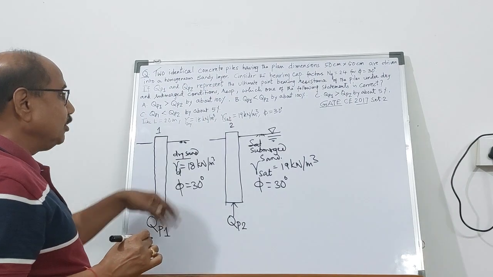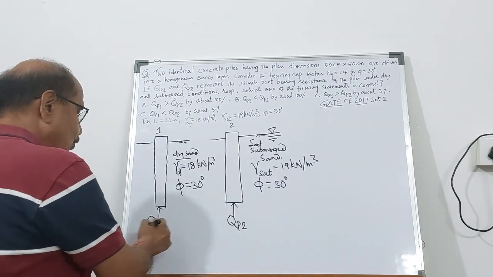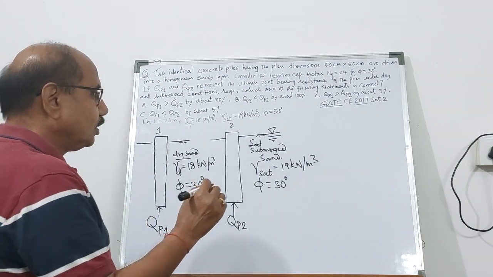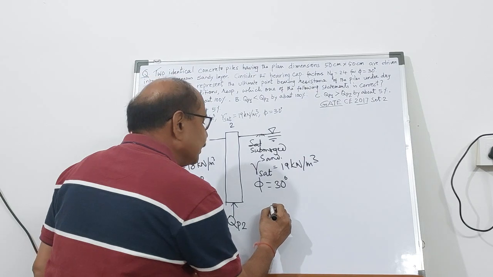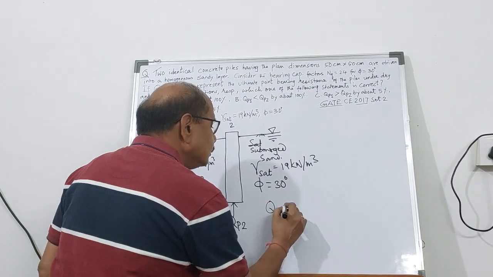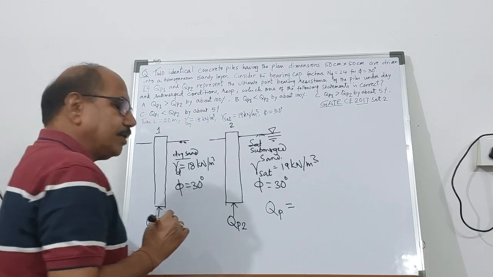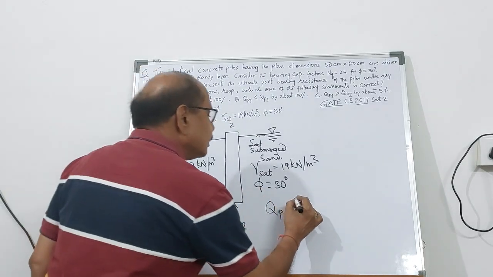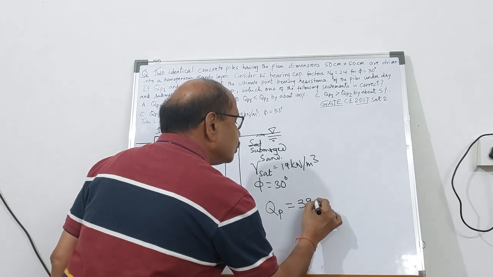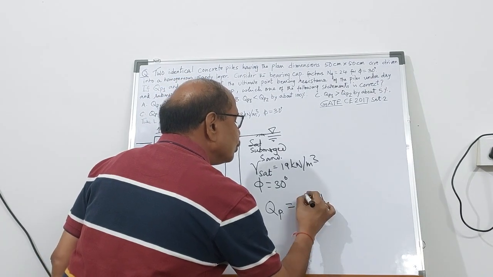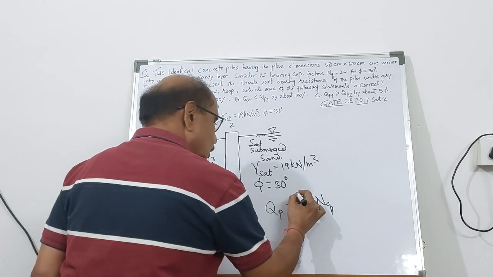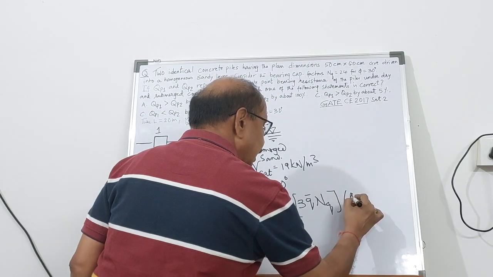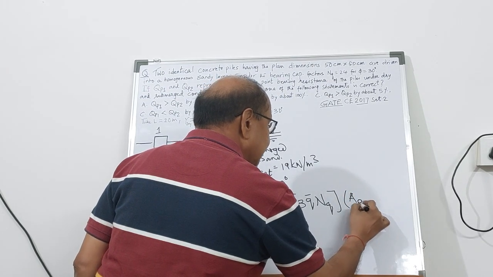So with this information, how will you find out the point bearing resistance? The point bearing resistance QP can be found out from the basic formula, that is Q bar NQ multiplied by the area of the pile at its end.